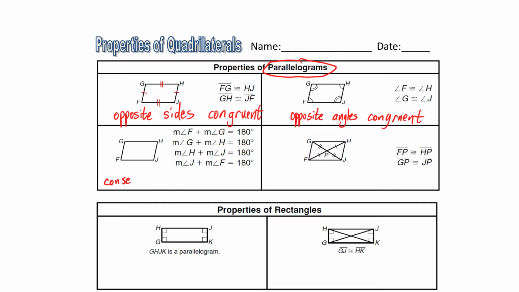All right. Consecutive angles are supplementary. Remember, consecutive means like one after the other, in order. So like up there saying like F and G add up to 180. F and G are consecutive angles. They're right next to each other. Okay, and then what's that last one?